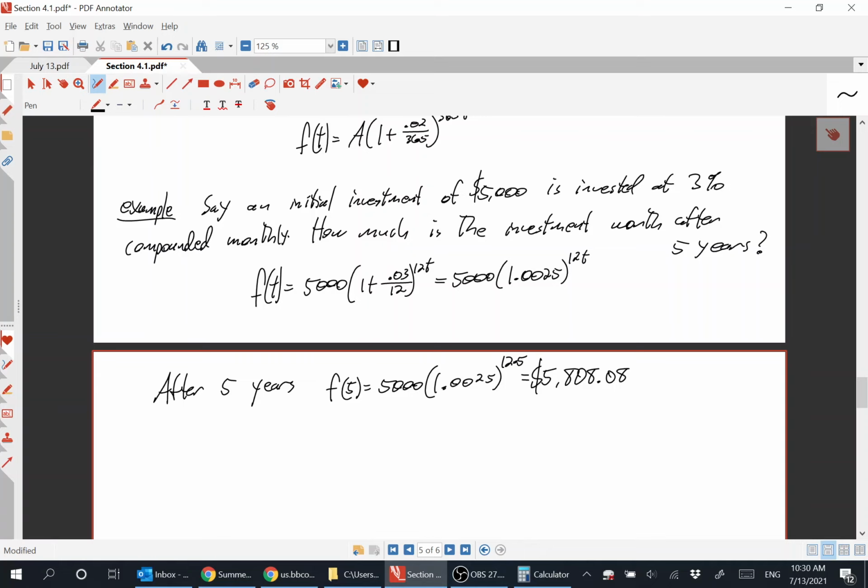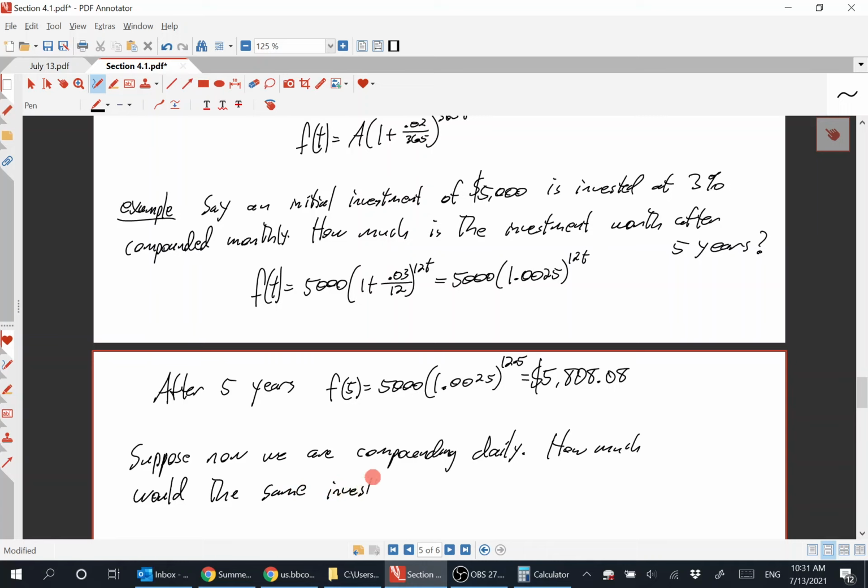Suppose we were compounding more. Suppose we were compounding daily. How much would the same investment be worth after 5 years?